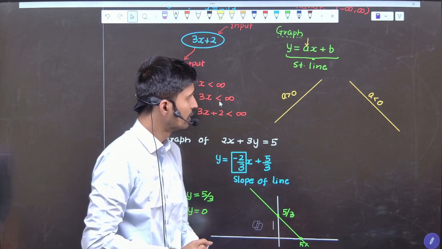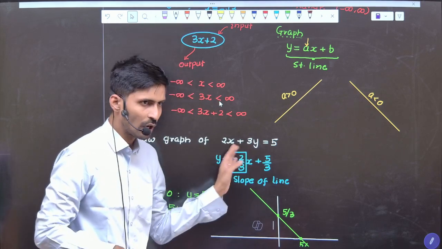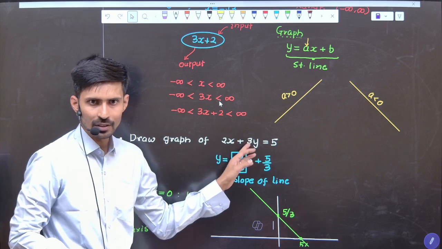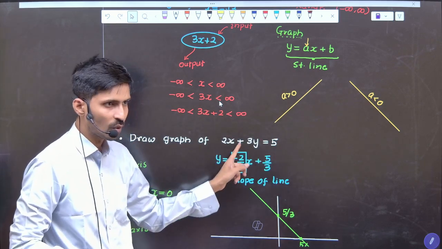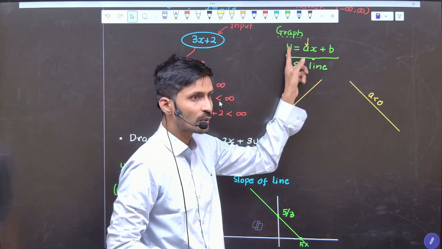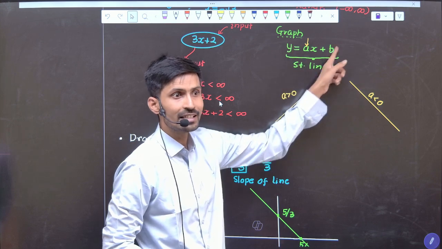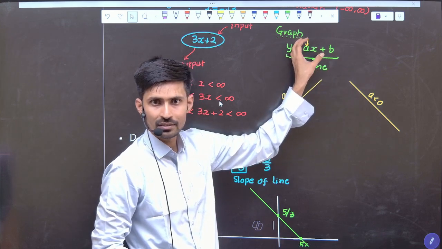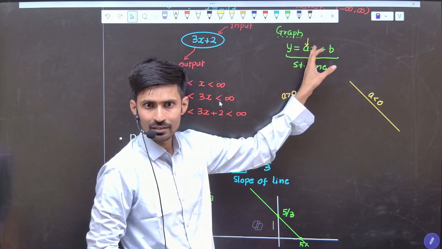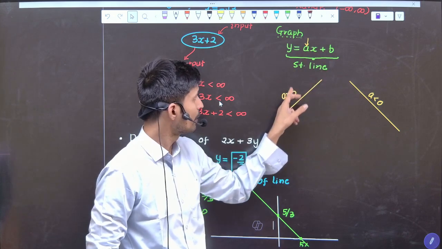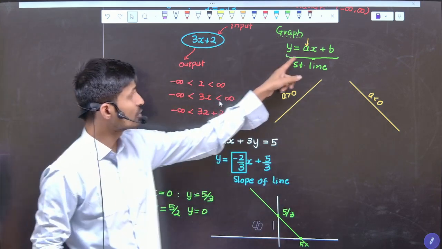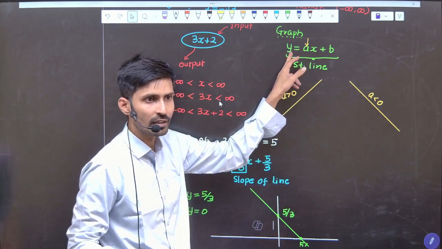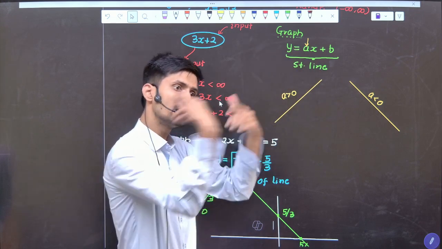So first of all, I will tell you how you will know whether this line will go up or come down. First, you will represent this whole thing like this: y equals ax plus b. From this expression, we have to check whether A is positive or negative. What is the observation here? Y is alone on one side, and the rest is on the other side.